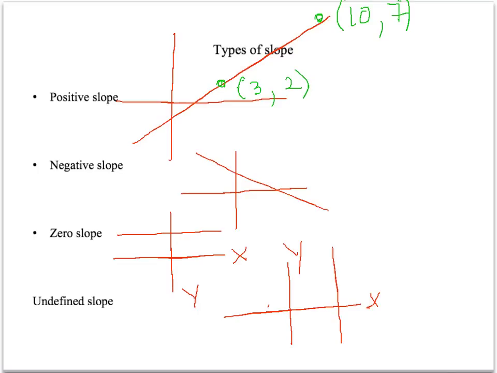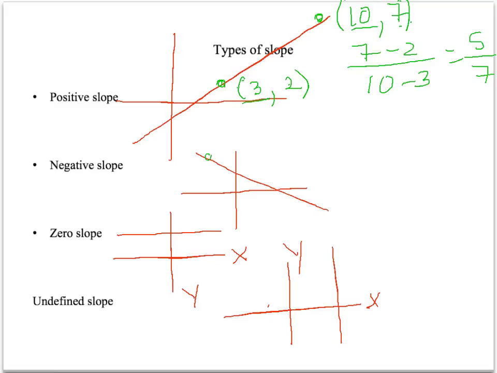Okay, well, we want to find the change in our y values. So we do 7 minus 2 over the change in our x values, or 10 minus 3. 7 minus 2 is 5. 10 minus 3 is 7. So our slope is 5 over 7. Notice they're both positive, so it's a positive slope.